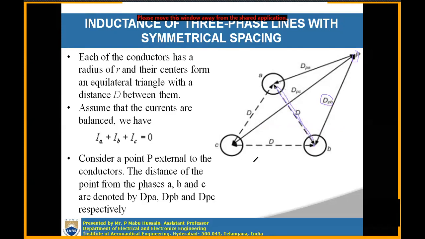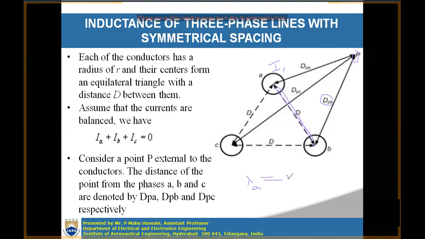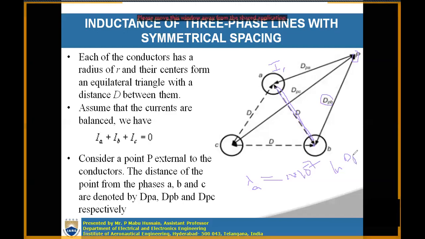When you write the flux linkage expression for conductor A with respect to the current flowing through conductor A alone, which is IA, in such a case this will be 2 into 10 power minus 7 ln the distance from conductor A to point P, which is DPA, by the geometric mean radius, which is R dash.